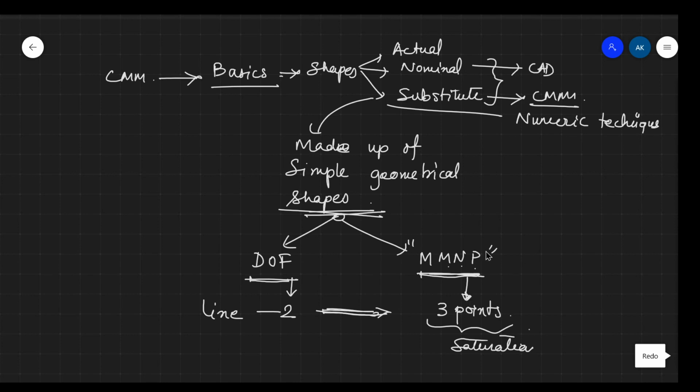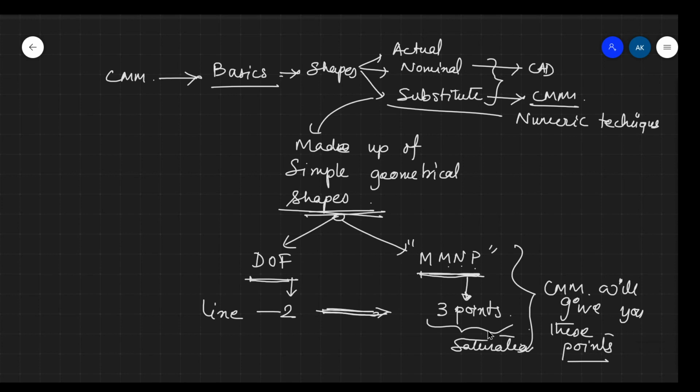Suppose you have this, our CMM will give you these points, and once you are having these points, how would you construct the form?